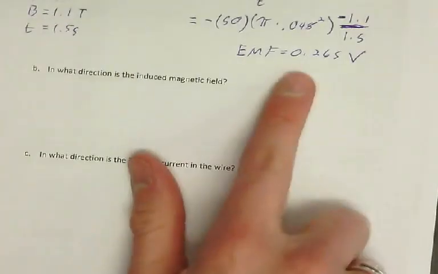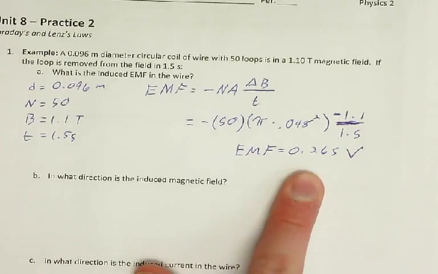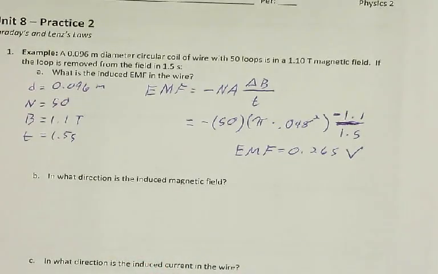If I get a positive answer and it was a south pole, I make my answer negative. If it was a negative answer and it was a south pole, I make it positive. That's all you have to do.